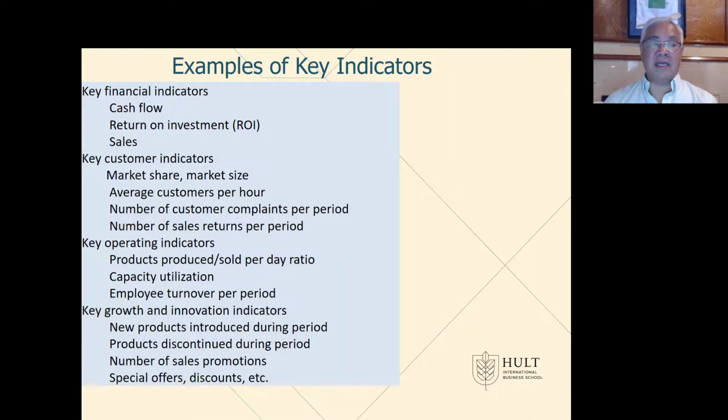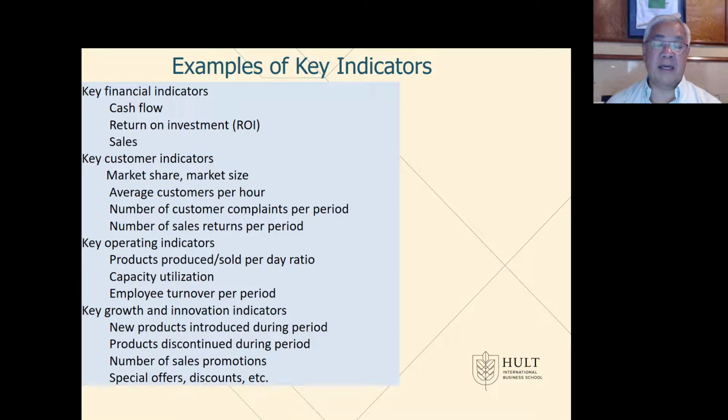All right, some of the indicators. If we look at financial, it could be cash flow, ROI, or sales. Customer could be market share or market size, or number of customers per hour in the throughput, or complaints, that's a negative we want to reduce. And the returns, similar, that's a negative we want to reduce. But it's important to measure it to get a measure of the happiness or satisfaction of our customers with our products and the performance.